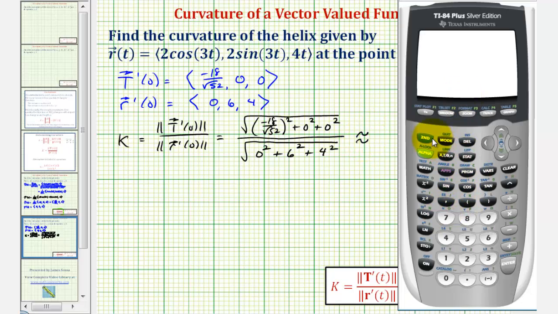So our numerator is going to be the square root, and then in parentheses we have negative 18 divided by the square root of 52, right arrow, close parenthesis, squared, right arrow, divided by our denominator, which should be the square root of 6 squared plus 4 squared.